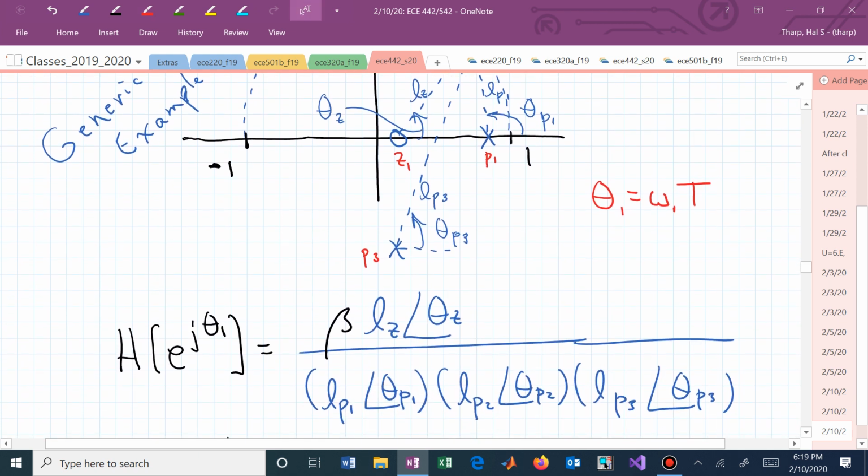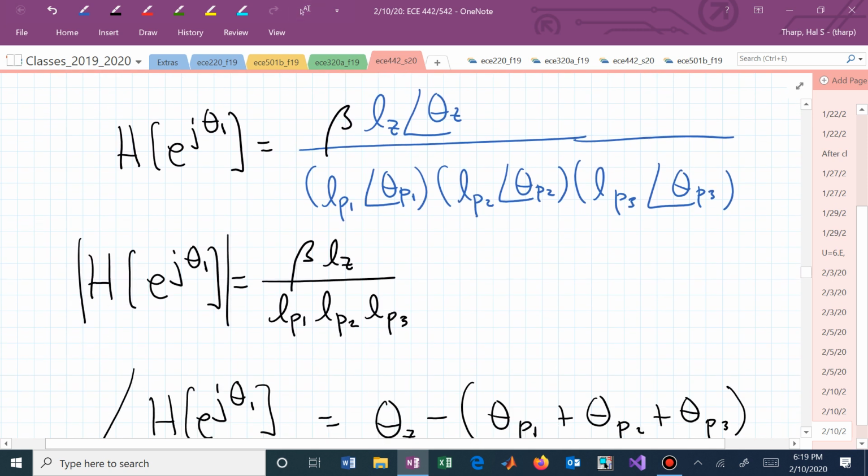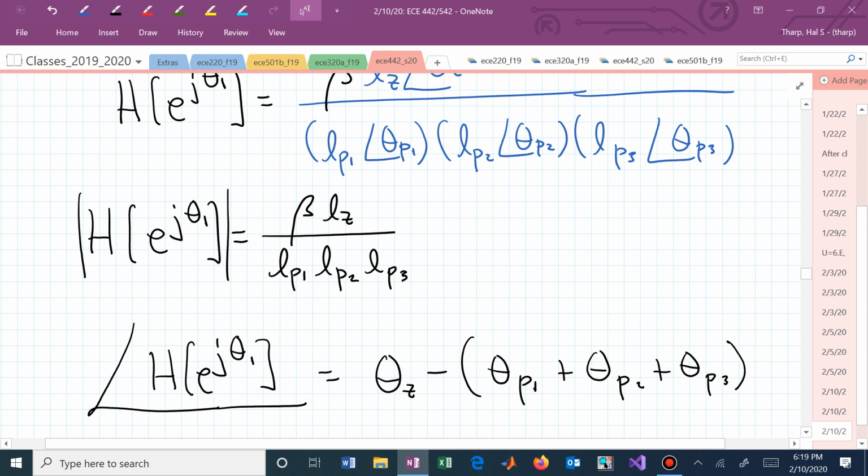The structure of the result, once you take out your dividers, you measure those lengths, you'll get the L's, you measure the angles with your protractor, and now you have the magnitude and angle at that particular frequency.